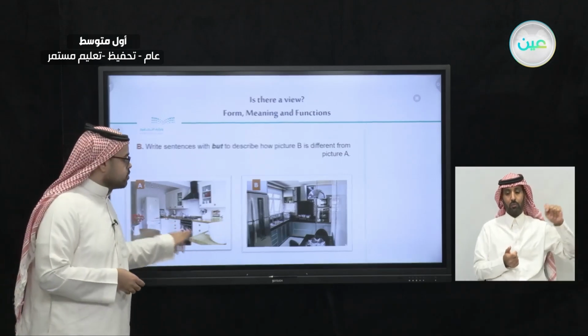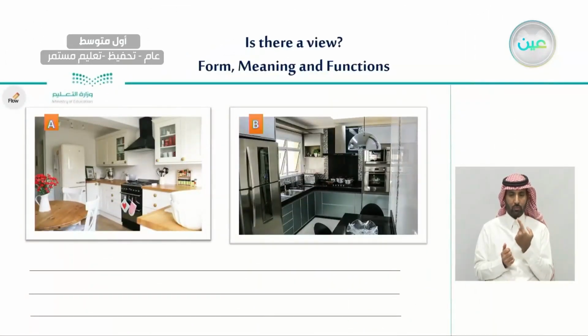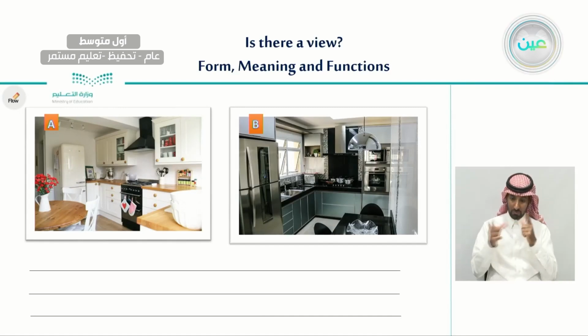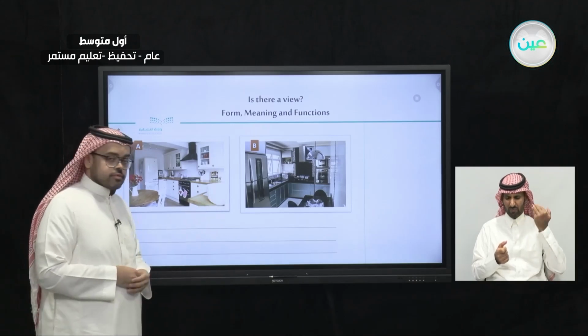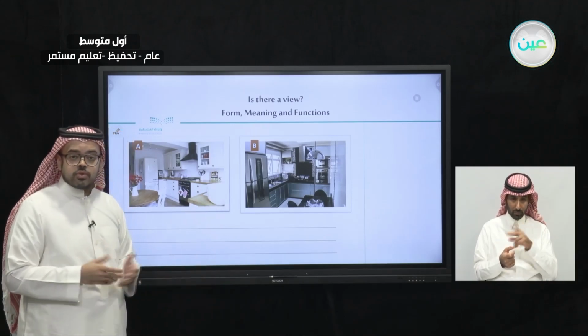So what differs picture B from picture A? Obviously, the kitchen in picture B is more modern, and the kitchen in picture A is old. This is the major difference. Let's see the sentences we have written.